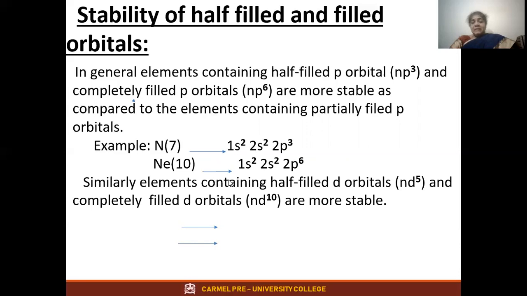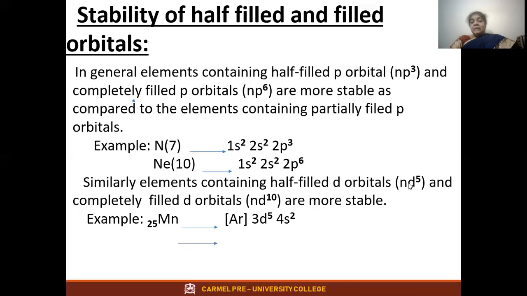Similarly, elements containing half-filled d orbitals and completely filled d orbitals are more stable. Now, Mn 25, if you take manganese: argon 3d5, 4s2, half filled d. How many orbitals do you have for d? 5 d orbitals. What is the capacity of the d orbitals? The capacity of the d orbitals is 10 electrons.